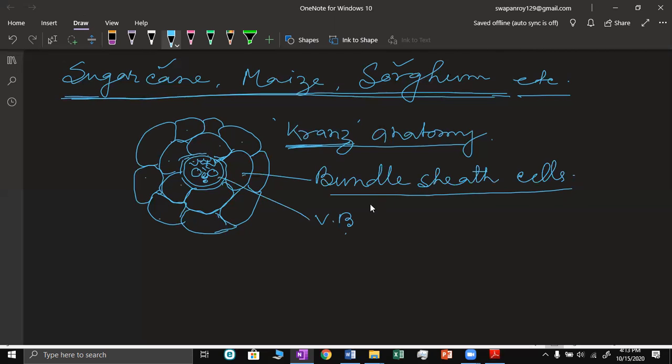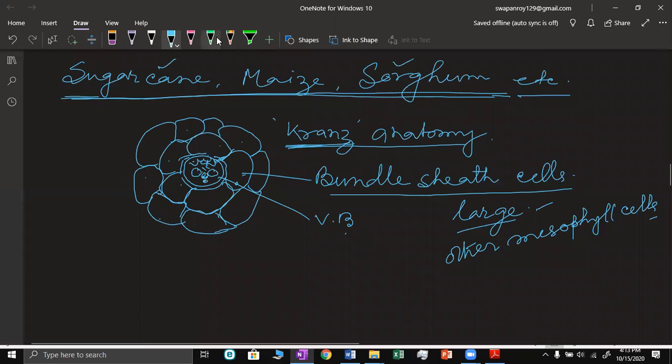These bundle sheath cells are large compared to the other mesophyll cells, and in these cells a large number of chloroplasts are present.